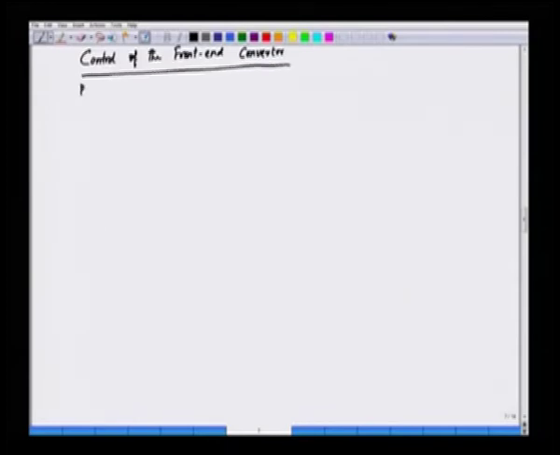First of all, it is a PWM converter, which means the input current is sinusoidal, close to sinusoidal.